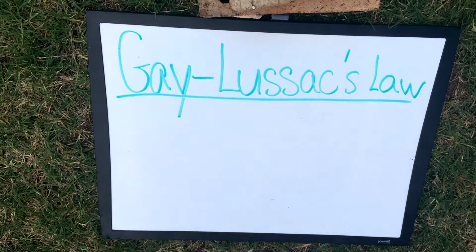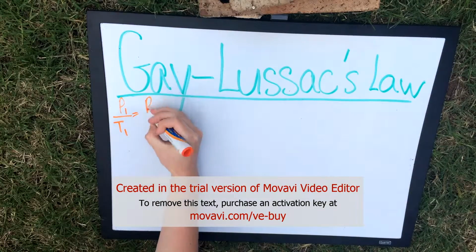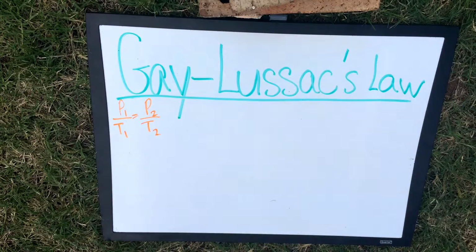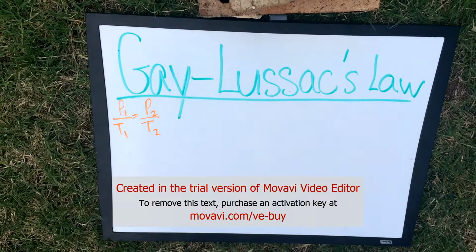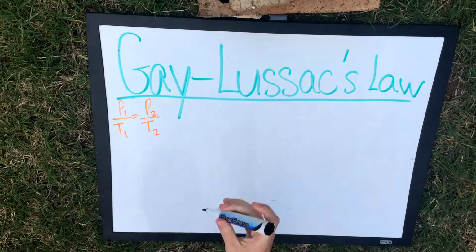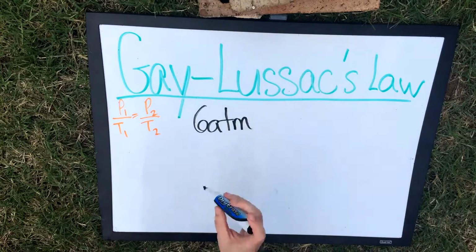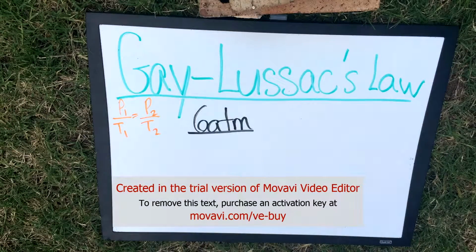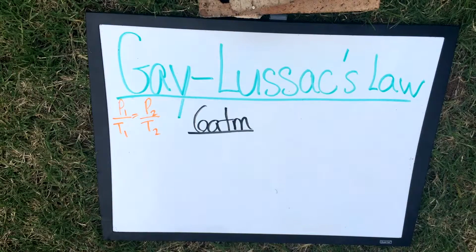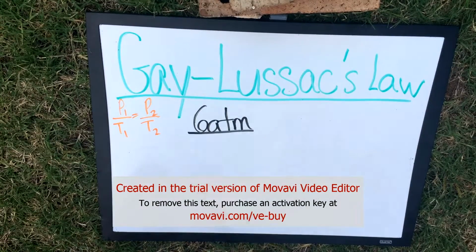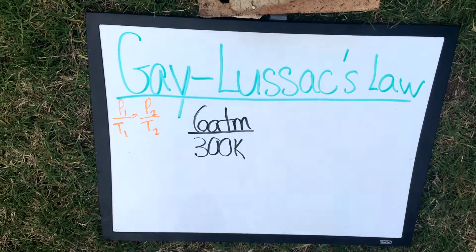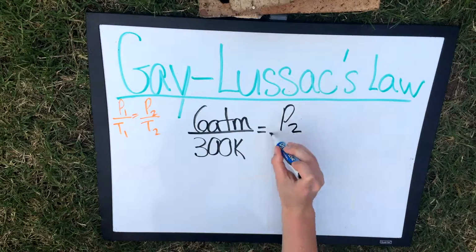An example of a Gay-Lussac's problem is: a solid cylinder contains 6 atm of gas heated at 300 Kelvin. What would the pressure of the gas be if the gas was heated to 350 Kelvin? 6 atmospheres is the pressure 1. 300 Kelvin is the temperature 1. And 350 Kelvin is the temperature 2.